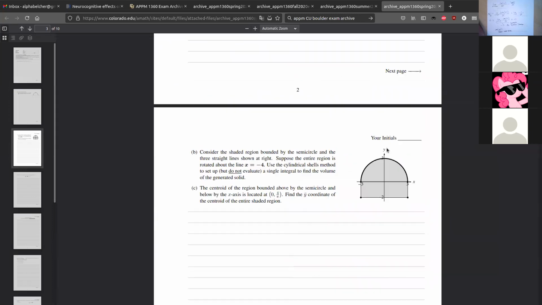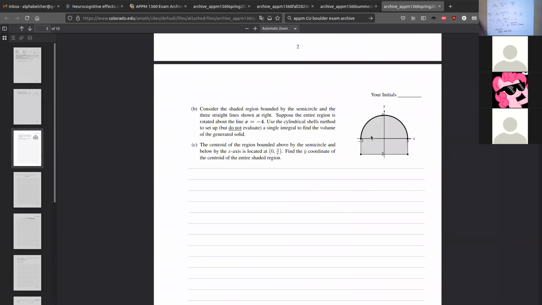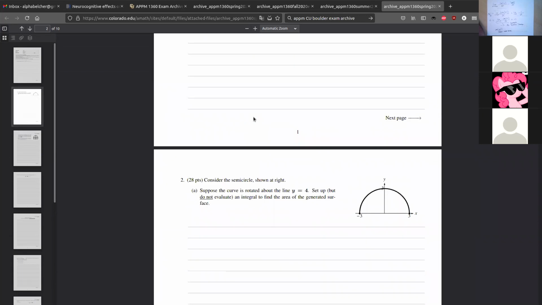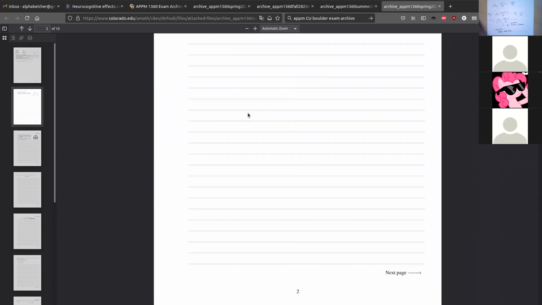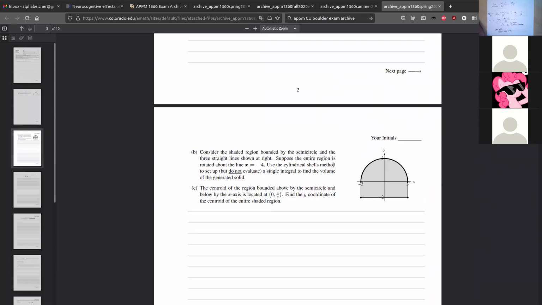And then on this one, once again, a center of mass problem.